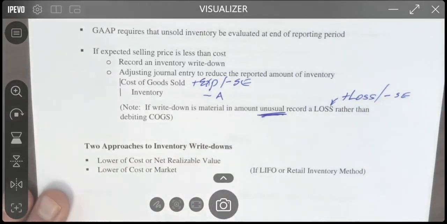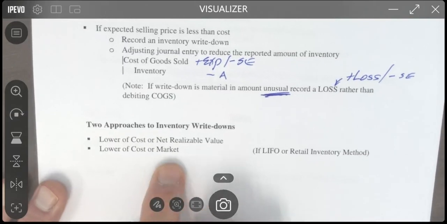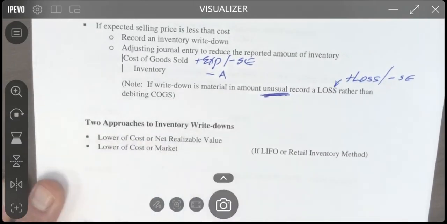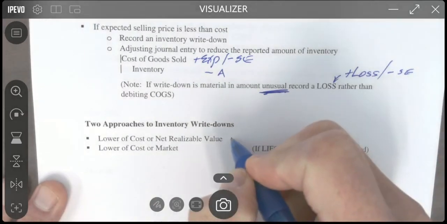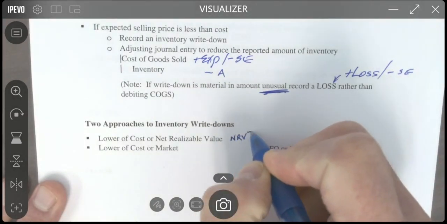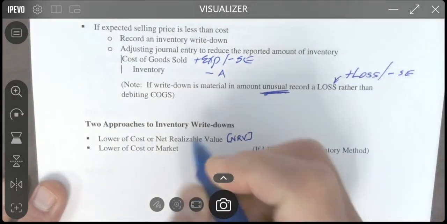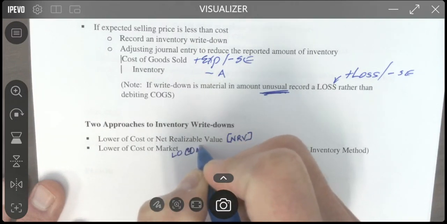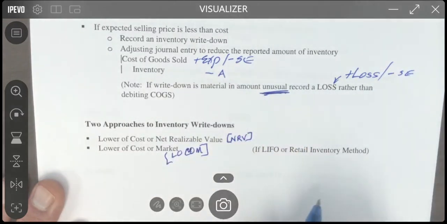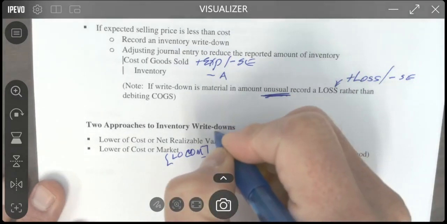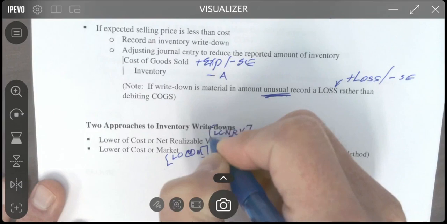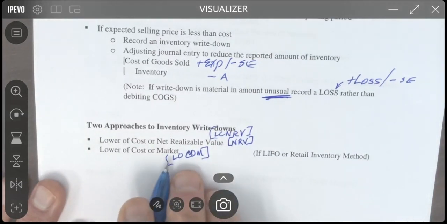Now, there are two approaches to inventory write-downs. The lower of cost or net realizable value, and you'll hear this referred to as NRV for short, or lower of cost or market, which is LOCOM. Sorry, I should have put lower of cost or net realizable value and lower of cost or market.